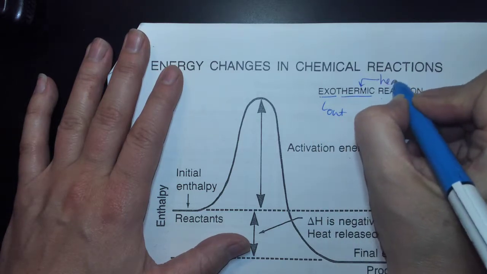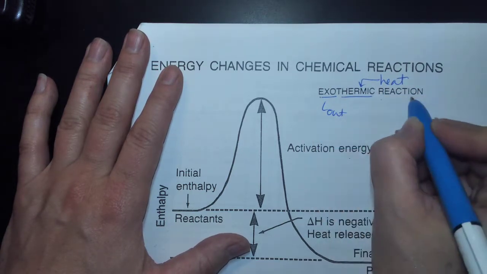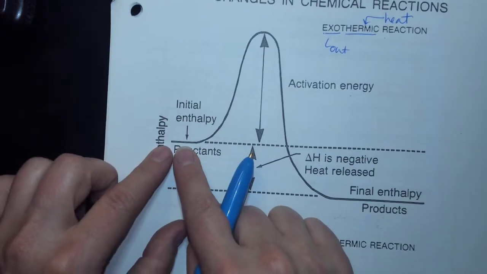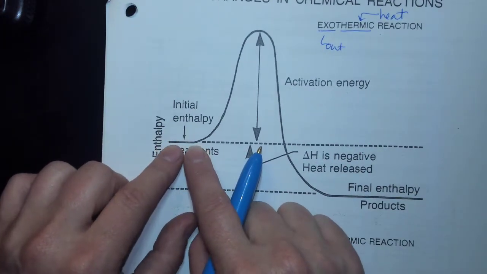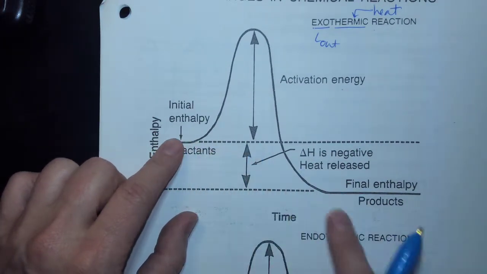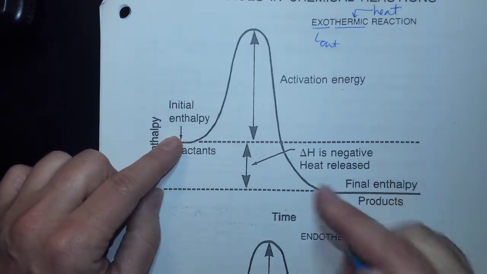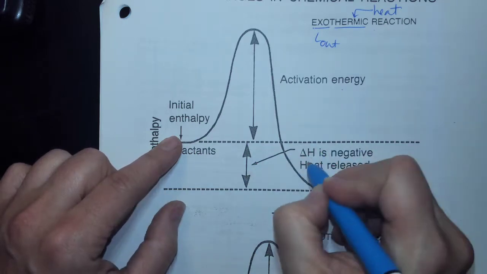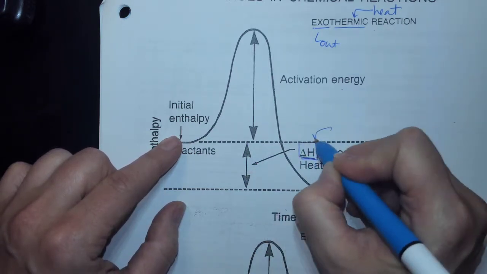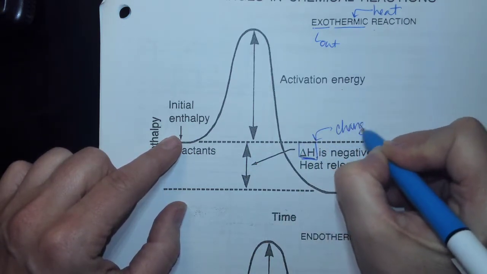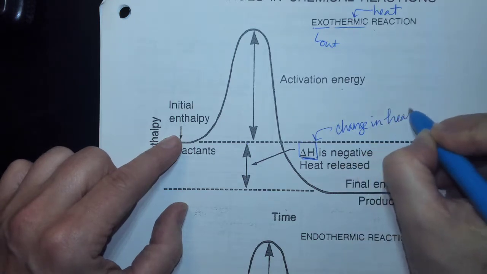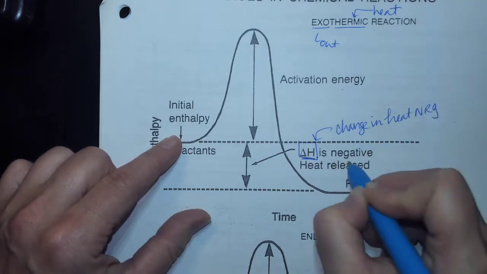In a heat-leaving reaction, the energy of the reactants is higher than the energy of the products. This change in energy, this delta H, which is change in heat energy, will be negative.